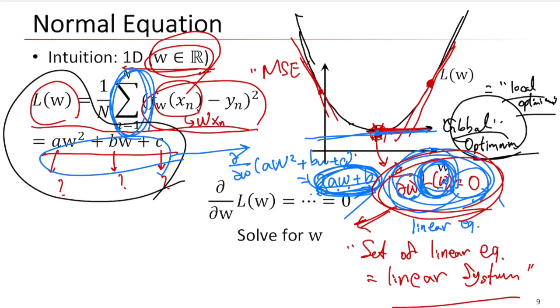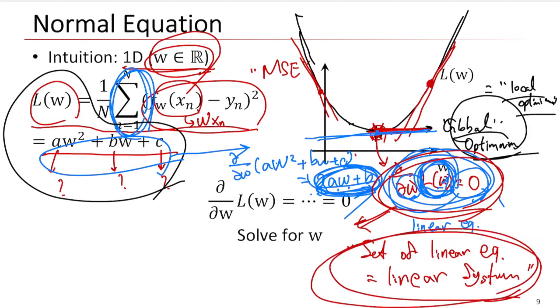So please go back to the slide if you don't understand what is a linear system. Anyway, so it will be the linear system. So what does that mean? To estimate this parameter w can be reformulated using some linear equation. It means that solving for the parameter w will be solving the linear system. Okay.